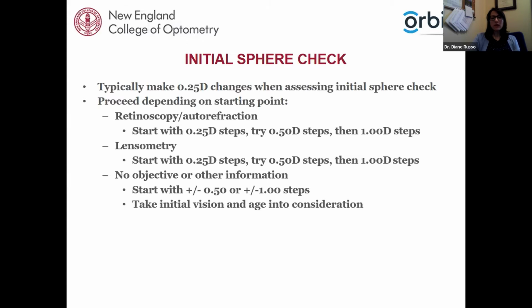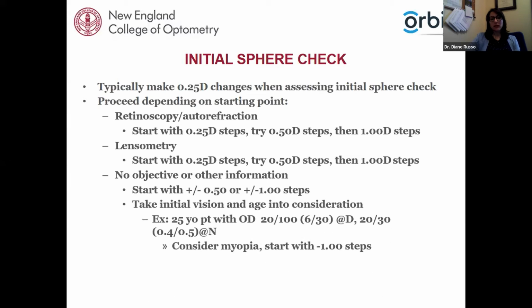So for example, if you have a 25-year-old patient and you're checking their vision in their right eye, their uncorrected distance acuity is 20/100, but their near acuity is 20/30.